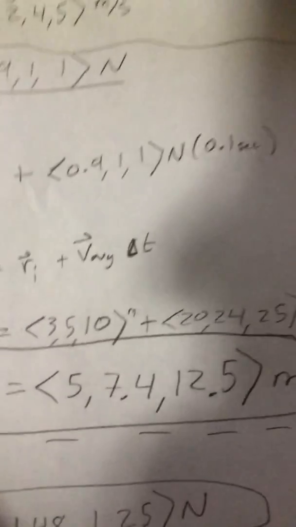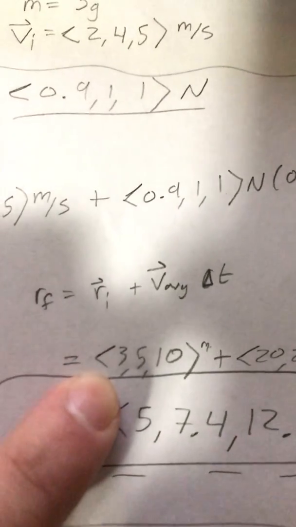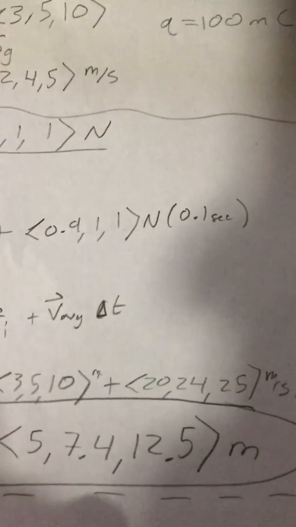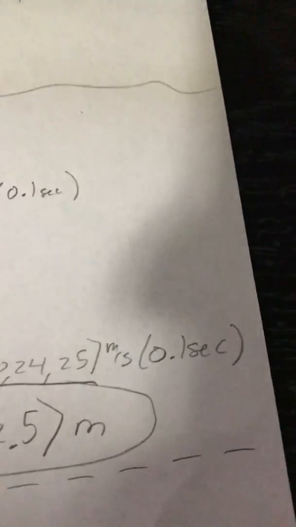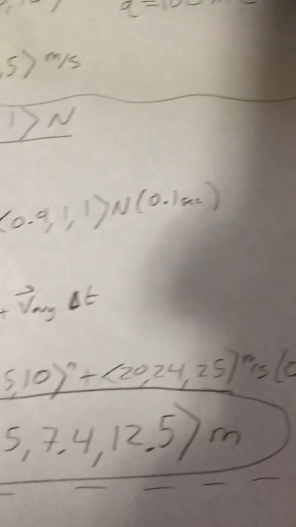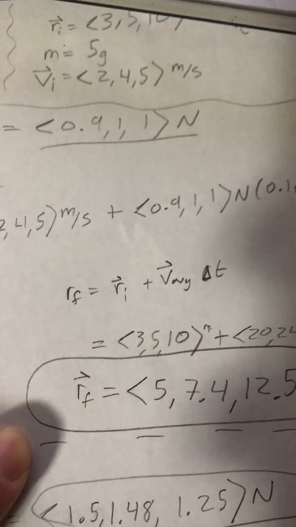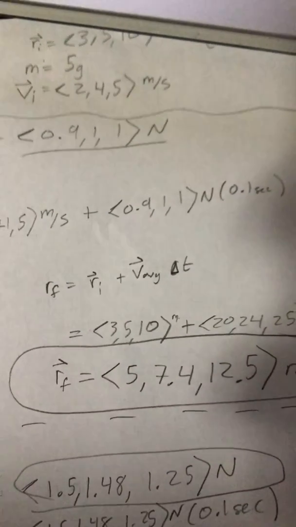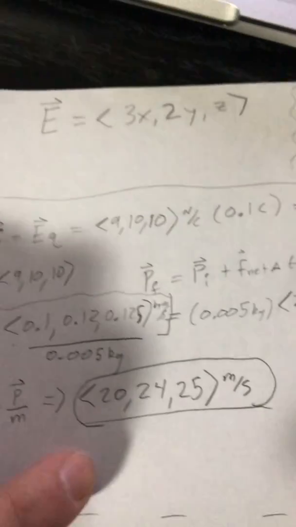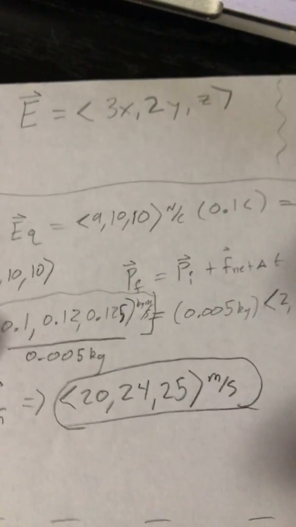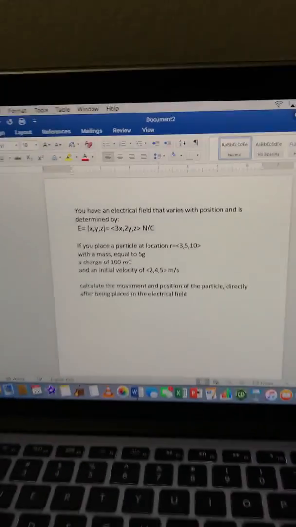So then our initial location is going to be this vector that was given at the beginning, and then we multiply our average velocity times the change in time, which is 0.1 seconds again, and this gives us our new location of the particle after 0.1 seconds, along with the speed of the particle, the average velocity after 0.1 seconds. So that tells us the information about the movement and position of the particle directly after.